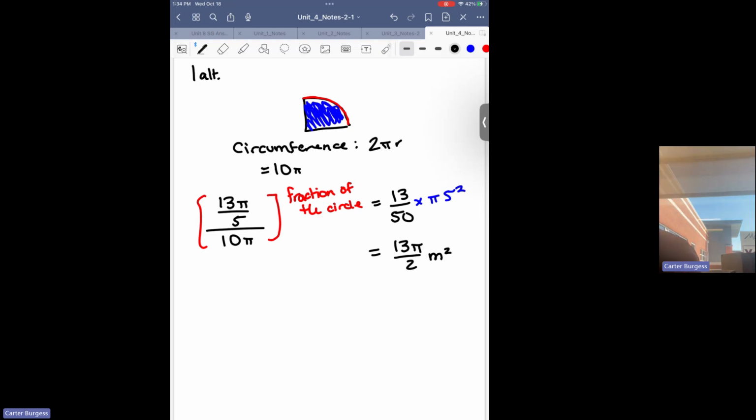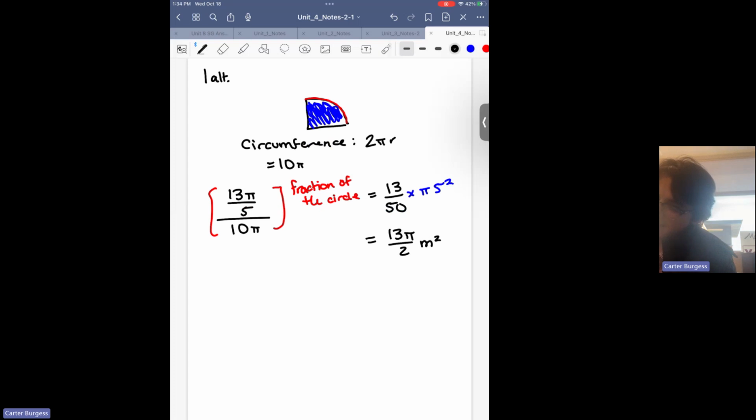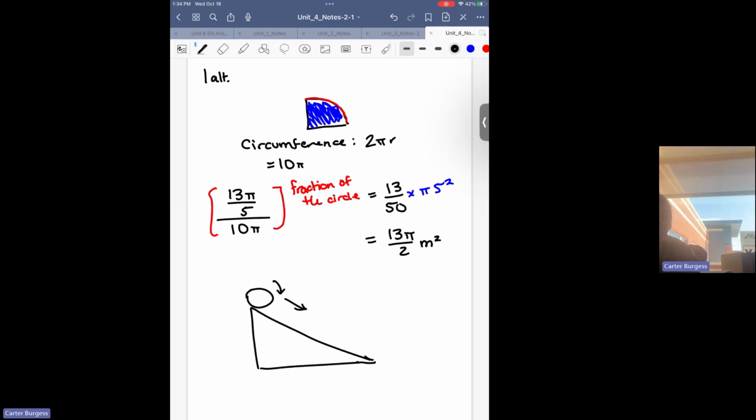Picture, if you would, a scenario in which we have some kind of track, and we'll assume that there's friction on the track, and we have a wheel on top that's rolling down the track. Because of that friction, it is rotating down the track, literally rolling, not just sliding like a puck on ice.